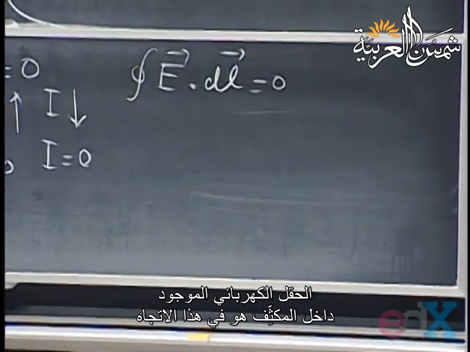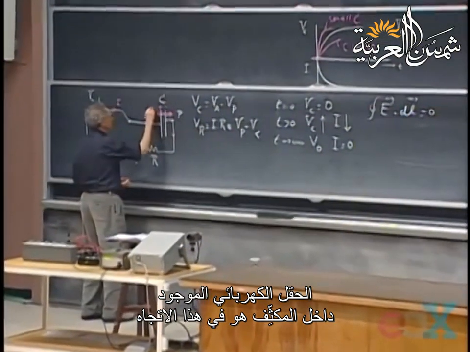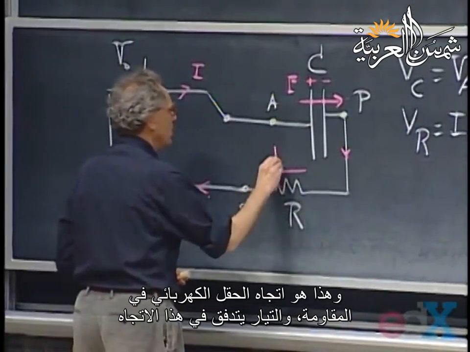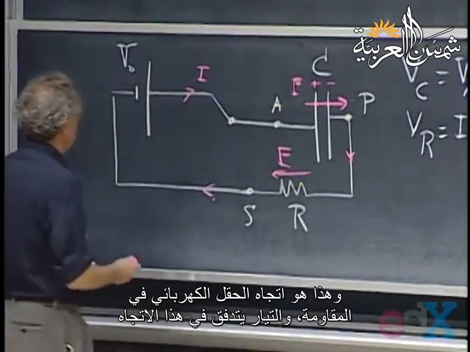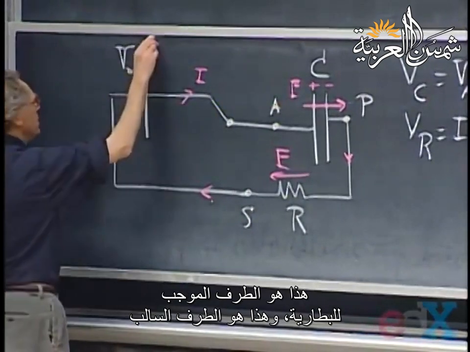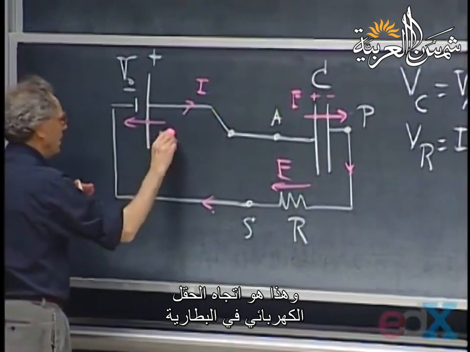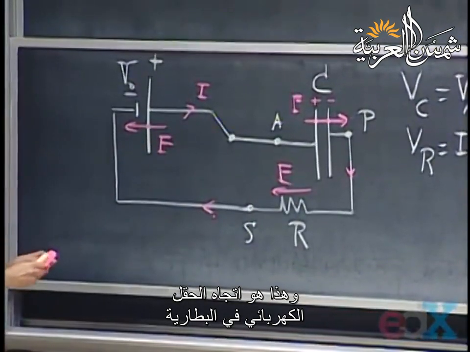The electric field inside the capacitor is in this direction, from plus to minus. The electric field in the resistor is in this direction, the current is flowing in this direction. And this battery, which has this as the positive side and this as the negative side, inside the battery, the electric field is in this direction.